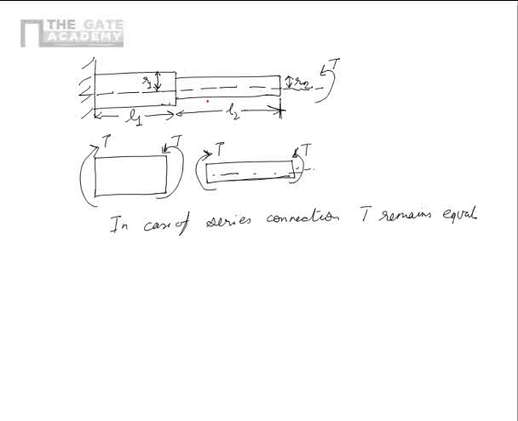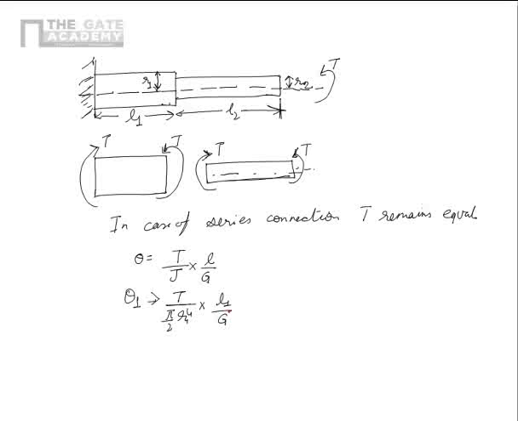Now from this we can, for example, for the step which is fixed, find out the angle of twist using T upon J multiplied by L by G. So theta 1, which is the twist in the first bar, is equal to T upon pi by 2 R1 to power 4 into L1 by G. Let's assume that both the materials are same, so the value of G remains constant.